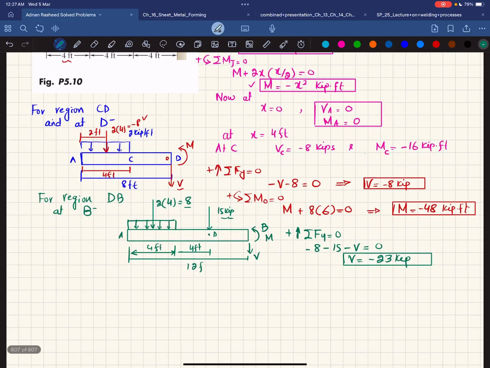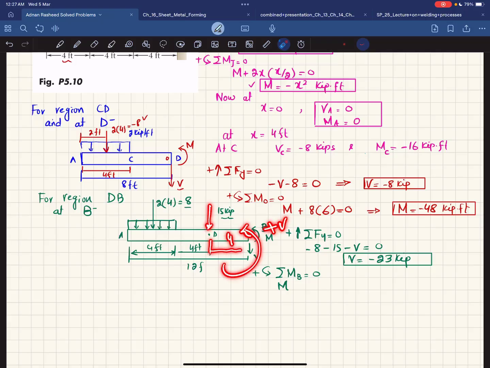Now we'll find this moment M by using the equation that the sum of all moments about point B is equal to 0, taking the counterclockwise moment as positive. So about point B, one moment is this, which is M, that is counterclockwise. So M. The second moment is due to this 15 kips load, and the perpendicular distance is 4. This is also positive, so I can write plus 15 multiplied by 4.